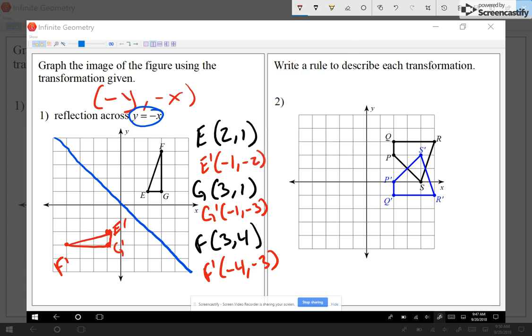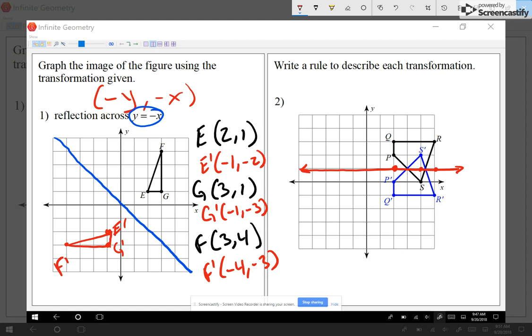To find the mirror line, I look at P and P prime, and I find the point in the middle. I look at S and S prime, find the point in the middle, and I can do the same with the R's. When I connect my points, I get my mirror line. On reflection, the midpoints will give me a line.